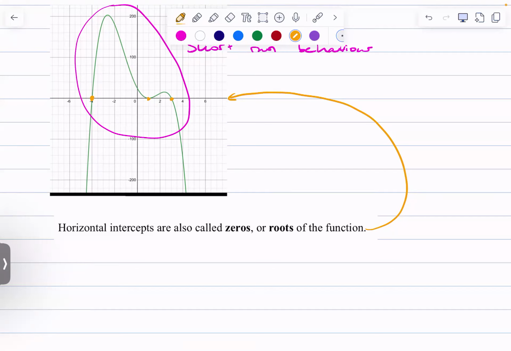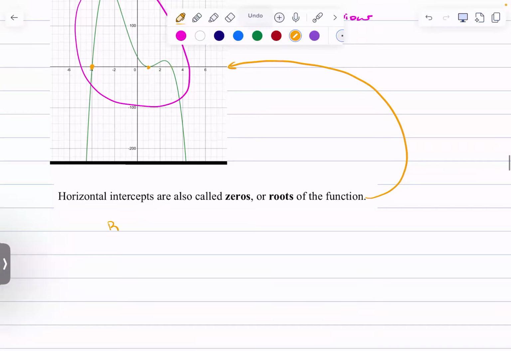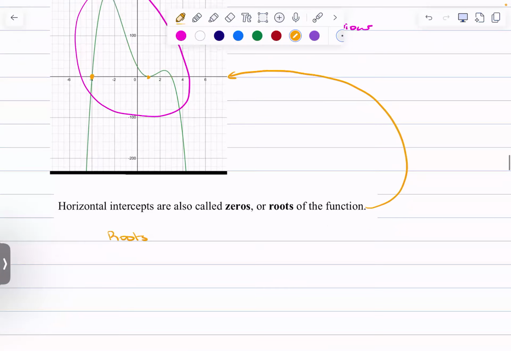How can we find the roots? Usually we call them the roots, or the zeros. The roots happen when the output is 0, right? So all of these are when f of x is equal to 0.